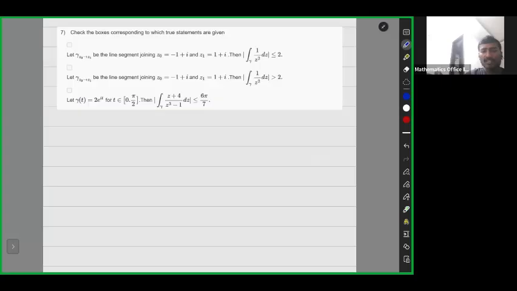From z0 to z1 we have a line segment. Then modulus of the integral of 1 by z square dz is less than or equal to 2. Okay, so let's draw the graph, because this is a line segment and we can draw this. The line is joining from minus 1 plus i to 1 plus i. This point is here and this point is here.